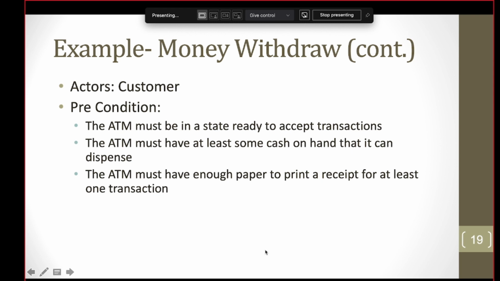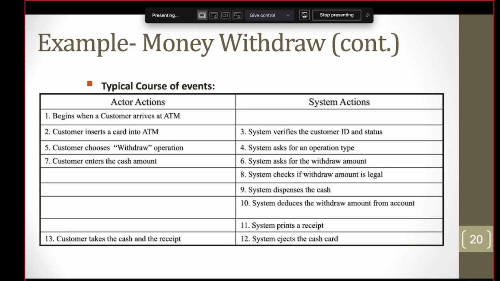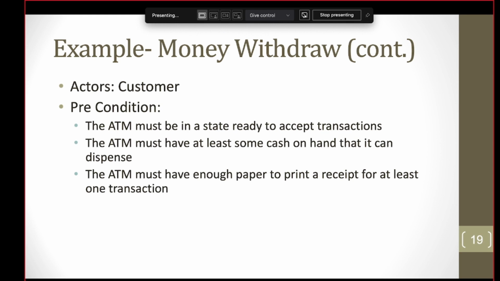These are the preconditions which need to be satisfied in order to get this use case started. The first one, a state ready to accept transactions, means it is connected to the internet and it is powered on. And it should have some cash and some paper to print the receipts.